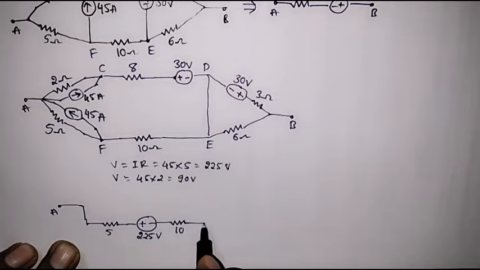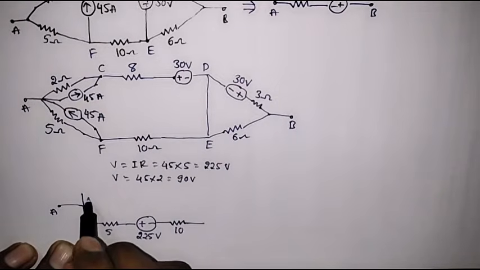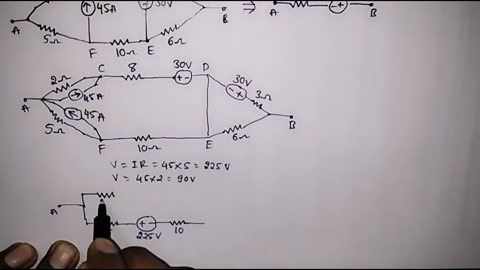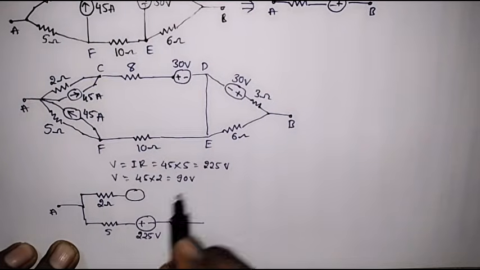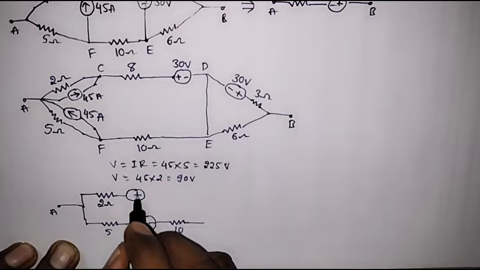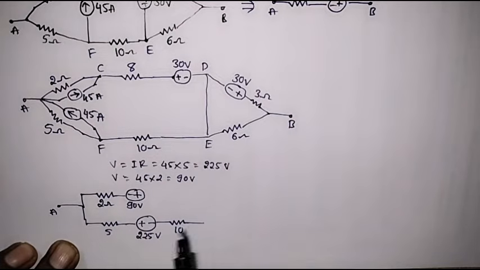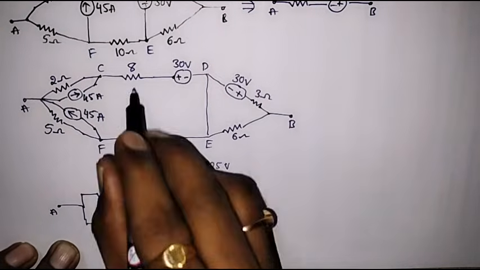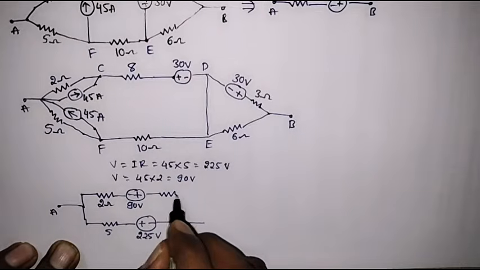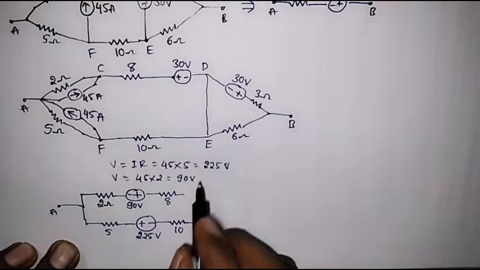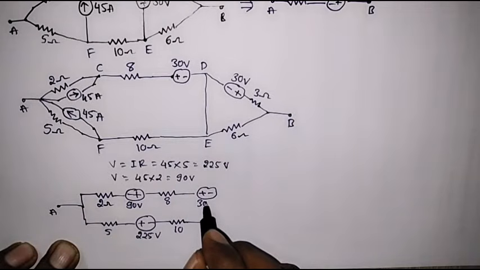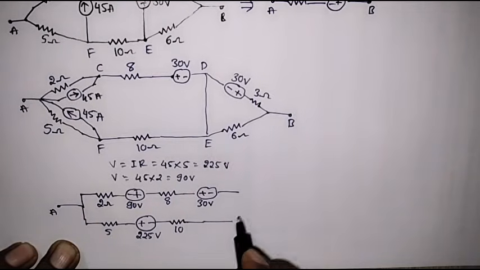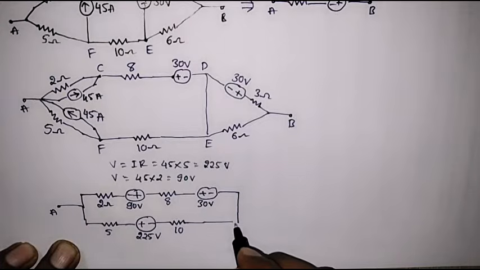I'll connect it as it is, and here we have a resistor of 2 ohm, and there is a voltage source of magnitude 90 volts, and there is an 8 ohm resistor, and there is a 30 volt source, plus minus, connected as it is. This is point D to E, which is shorted.